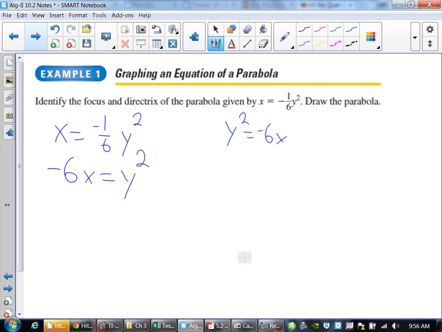Everything is centered at the origin today, which means I need to work with the following equation: y squared equals 4px. What I'm going to do here is solve for p. The coefficient of x, I set that equal to 4p. Therefore, what's my p value?